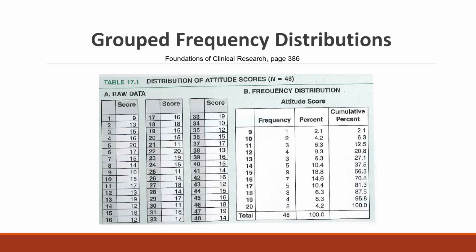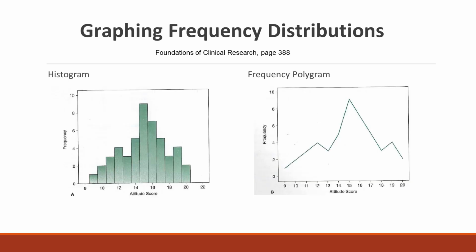Be aware that there is another way to graph frequency distributions called a stem and leaf plot. A histogram is a bar graph composed of a series of columns, each representing one score or class interval. The graph to the left is a histogram showing the distribution of attitude scores.